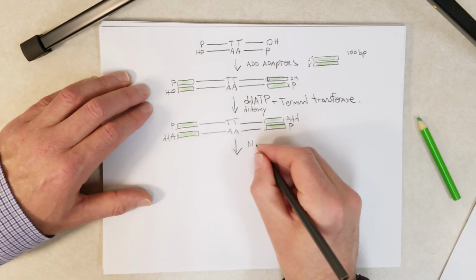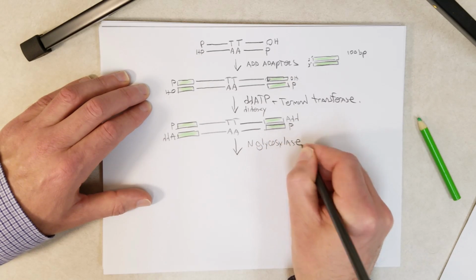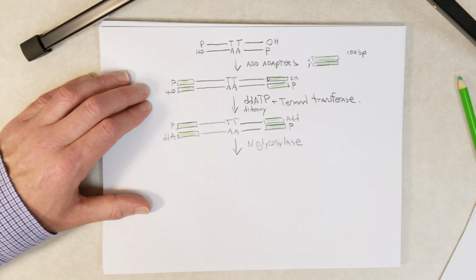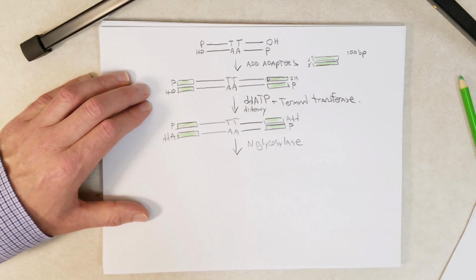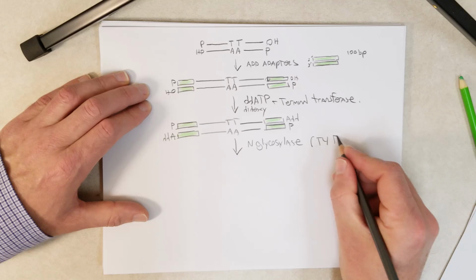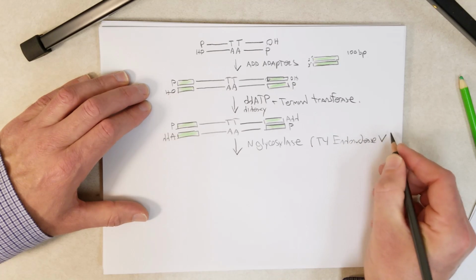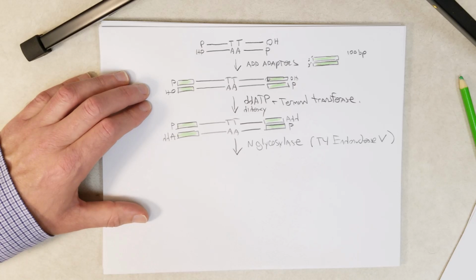So here we're going to add an N-glycosylase. Make sure you go back and watch the base excision repair video if you don't know what an N-glycosylase is. The specific one we're using is T4 endonuclease V.